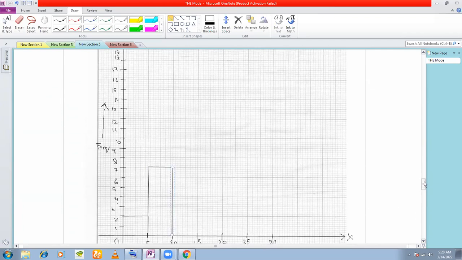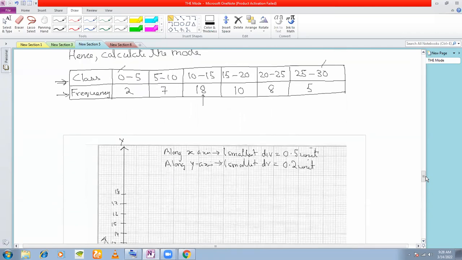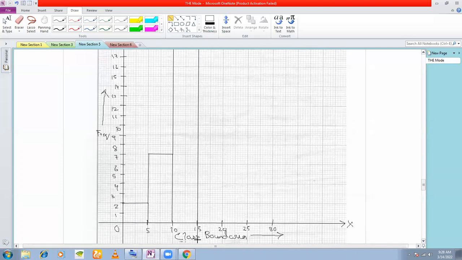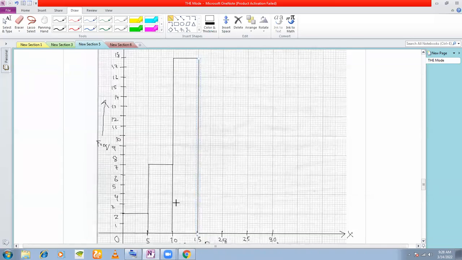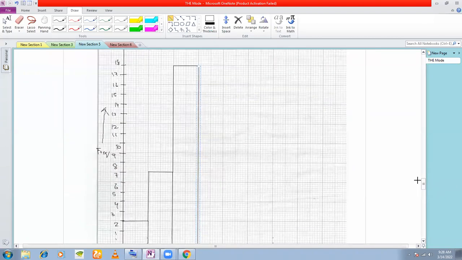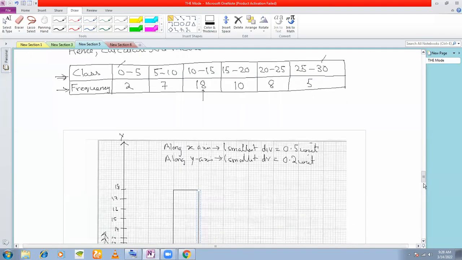Okay. Next is 10 to 15. Frequency is 18. 10 to 15, draw a line from 10 to 15 here, just corresponding to 18, and join it with this. Right. Next is 15 to 20. The frequency here is 10.